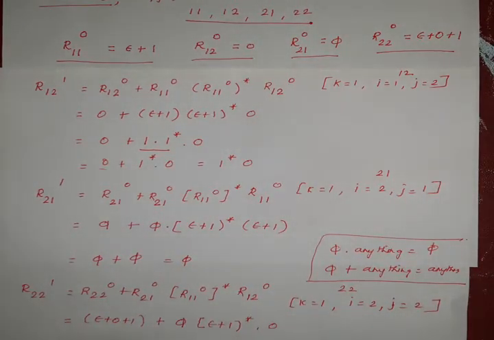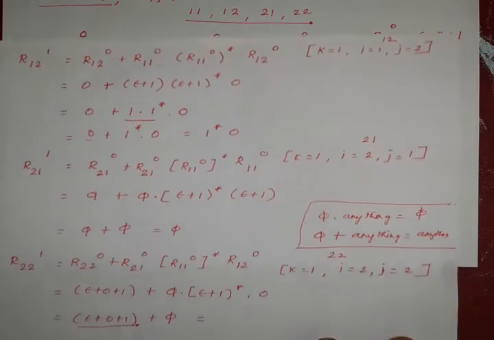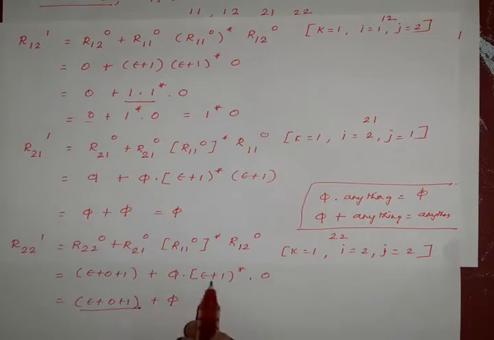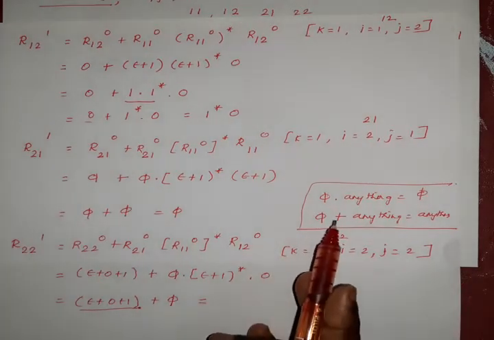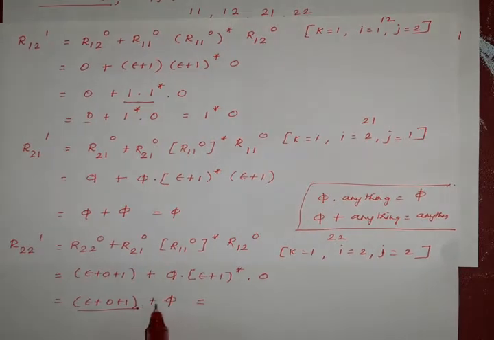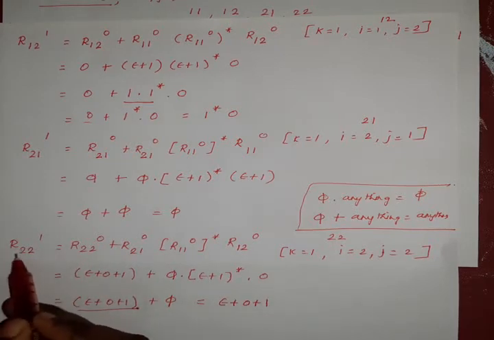So already I said phi into anything is phi, so the result is phi, and phi plus anything is the same result. Phi into anything is phi, already I said, and phi added with anything is that anything, epsilon plus 0 plus 1. So this is the result of the regular expression R22 power 1.